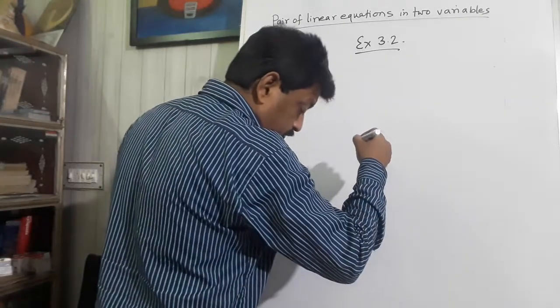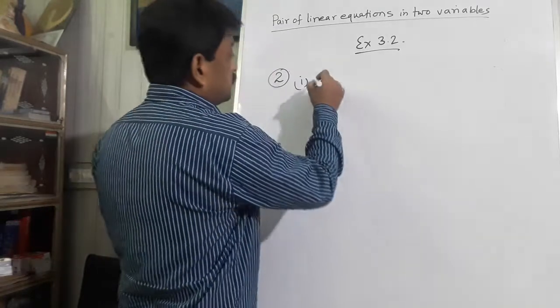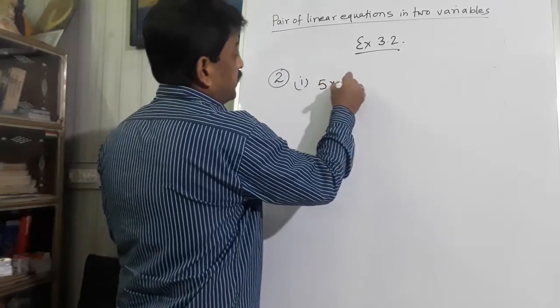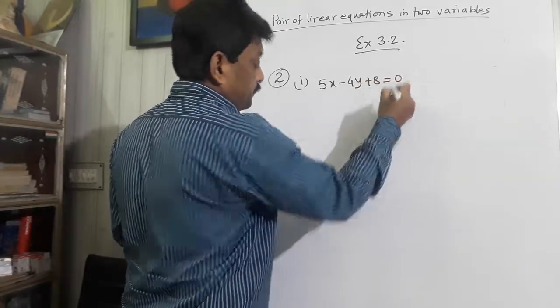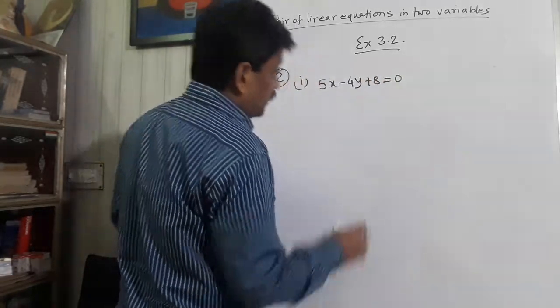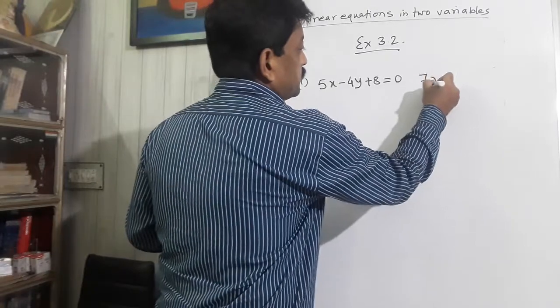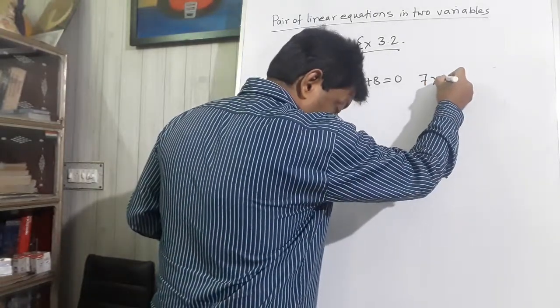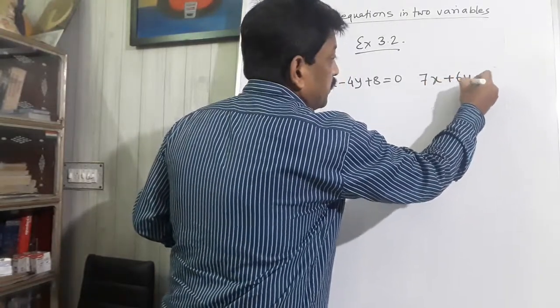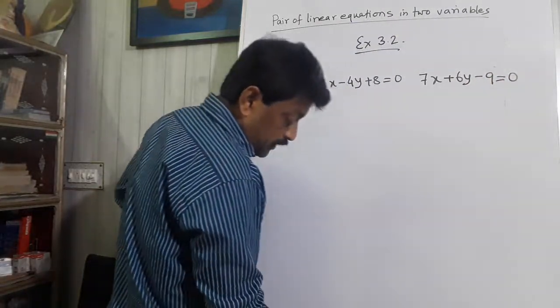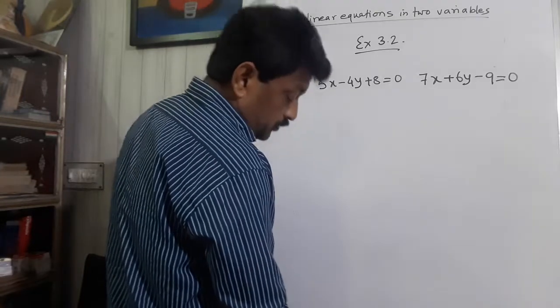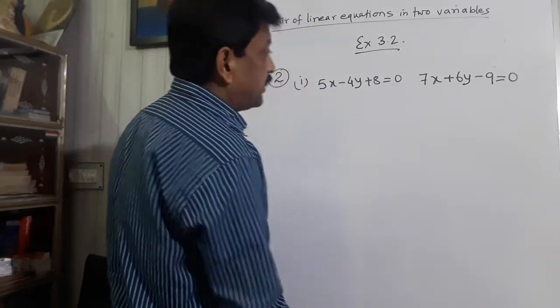The equations are 5x minus 4y plus 8 equals to 0 and 7x plus 6y minus 9 equals to 0. 5x minus 4y plus 8 equals to 0, 7x plus 6y minus 9 equals to 0.